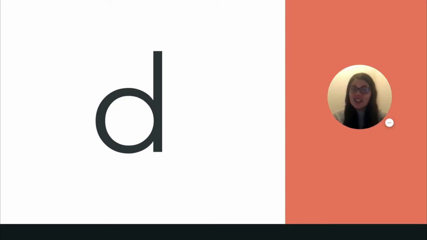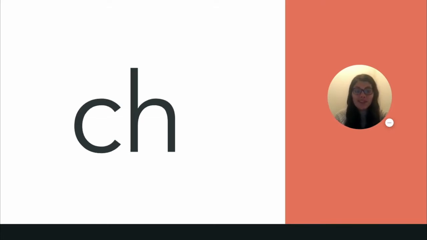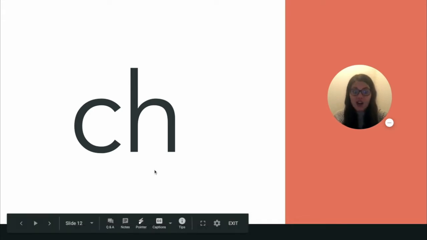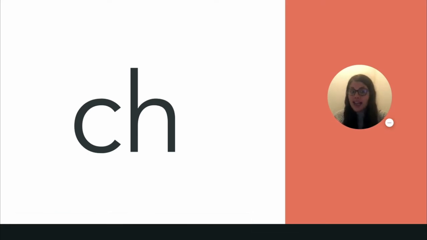This is the letter D, and it makes the sound D. How about this one, friends? This is our first digraph. So tell me, what are these two letter names and what sound do they make together? That's right, friends. These are the letters C and H, and they make the sound ch.